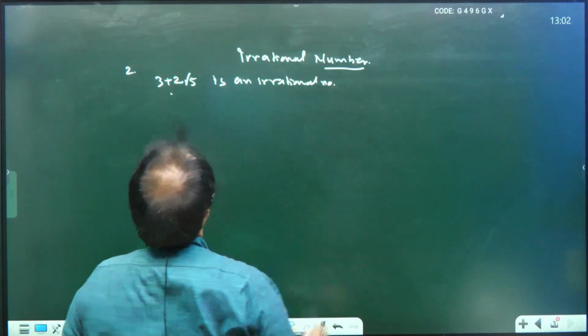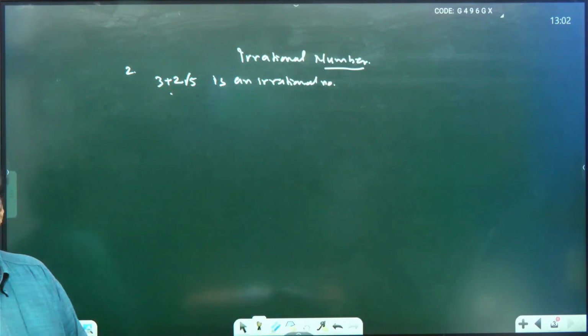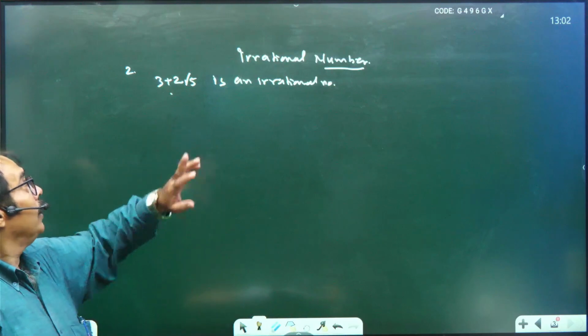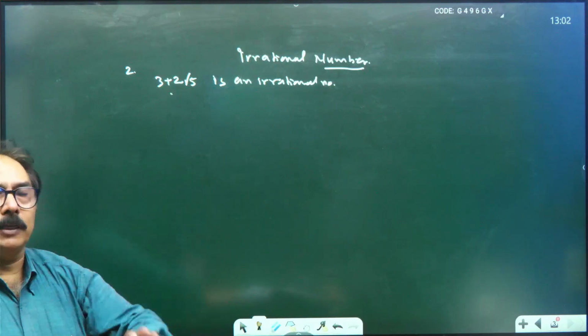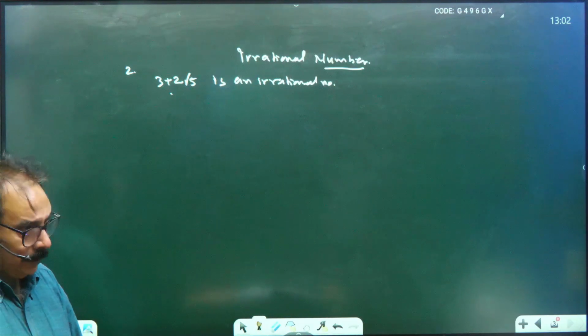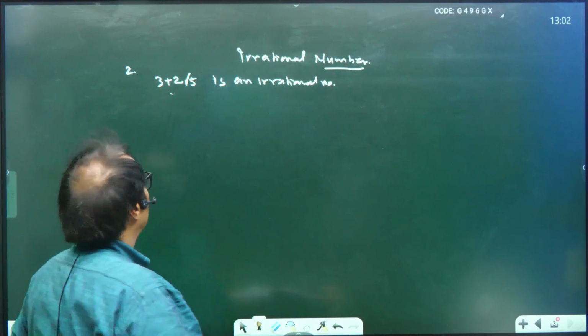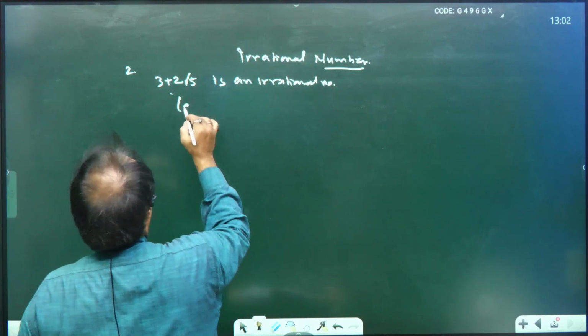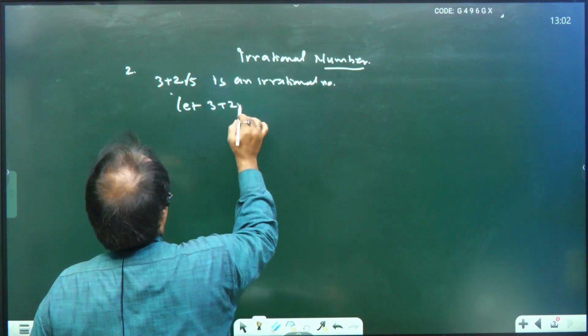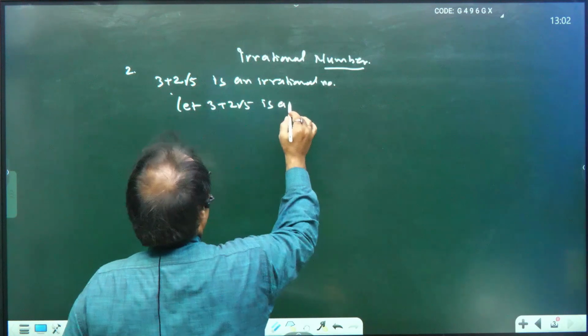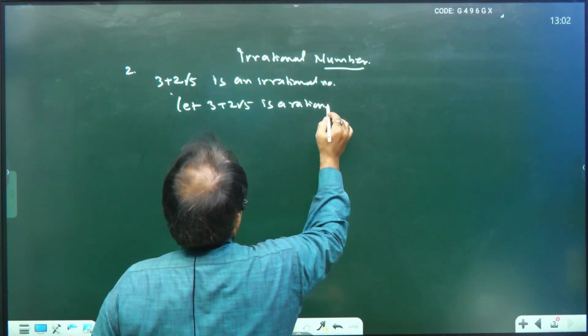In this type of question, no need to prove that root 5 is irrational. So let 3 plus 2 root 5 be a rational number.